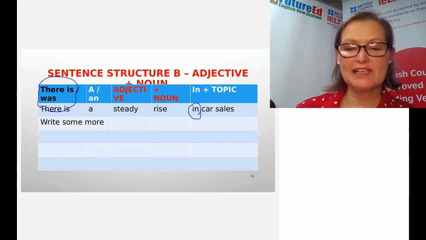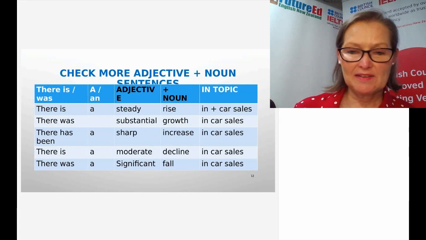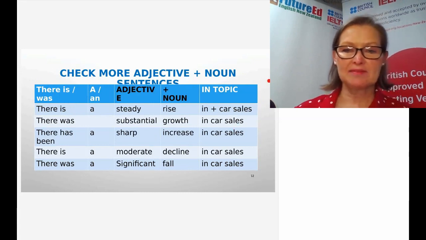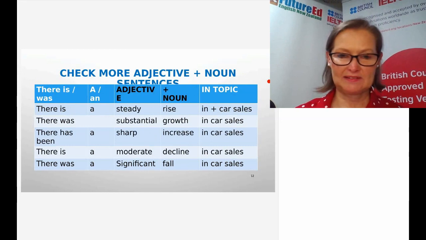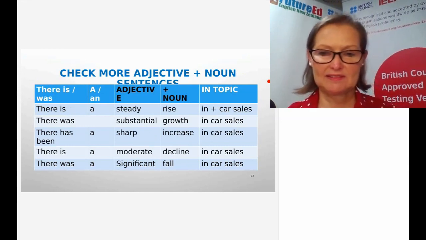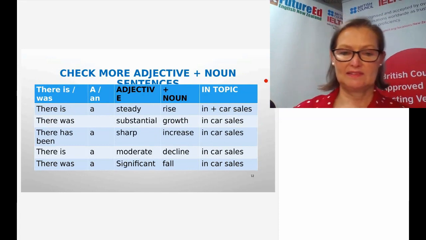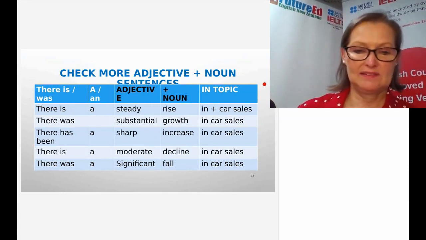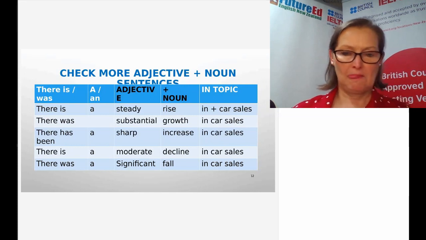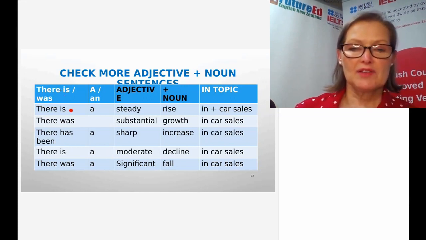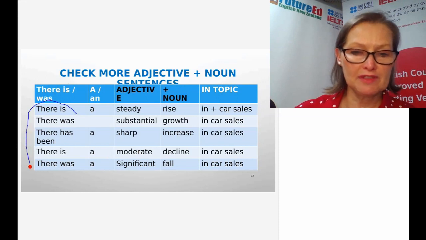And let's have a look at some sentences. Your sentences look something like this. So notice how I've used the different tenses here.